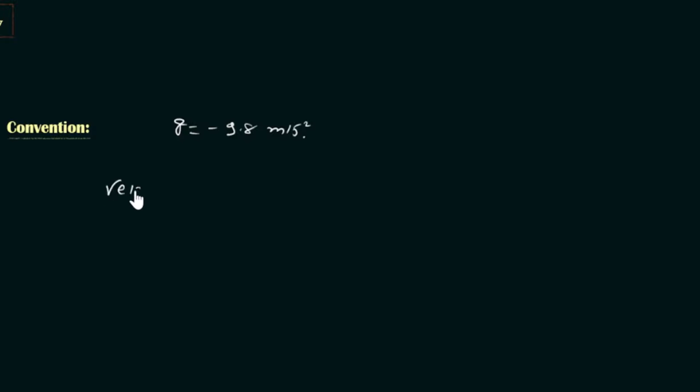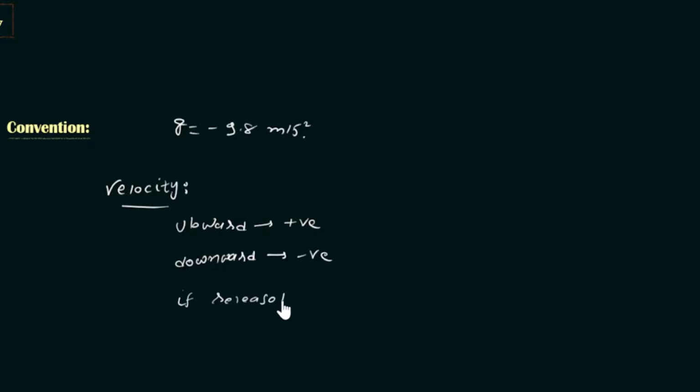Velocity for upward is taken as positive, and downward is taken as negative. If an object is released from some height, then the initial velocity is taken to be 0.